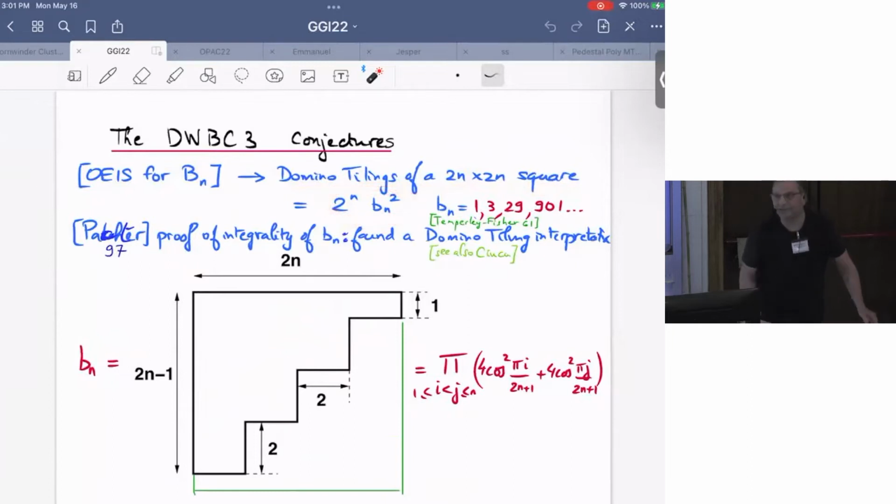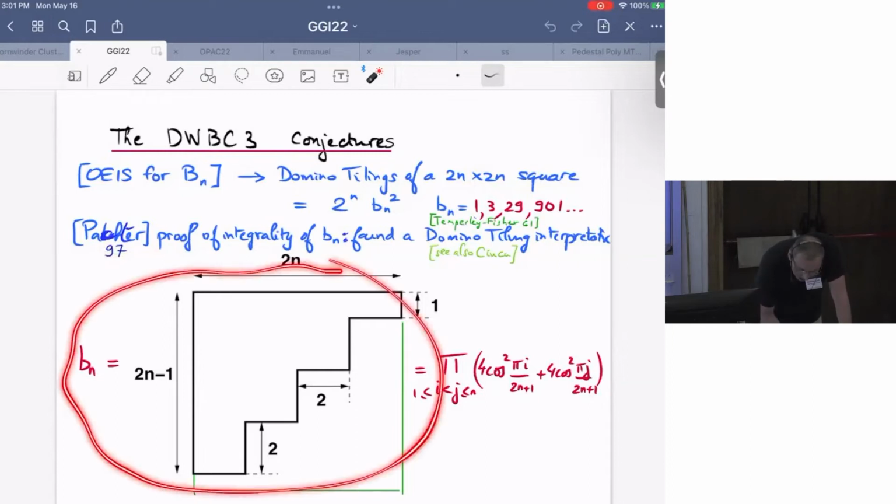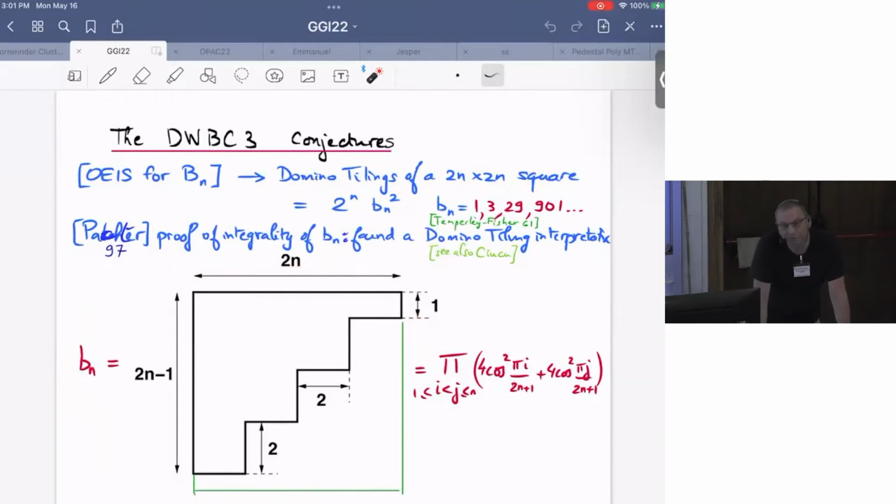But then there are all sorts of interesting developments around domino tilings made by people like Ciucu, for instance, who showed that whenever you have a 2 to the n times something, it just means something with a symmetry, okay? And so what eventually Parter found quite a few years later is that this Bn itself counts something like half the square, right?